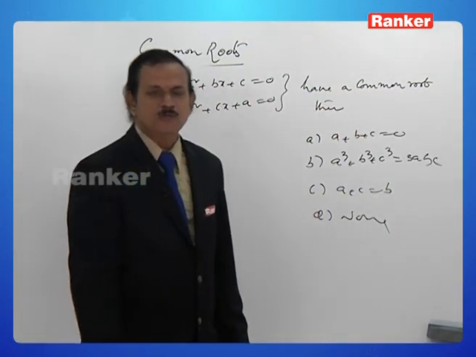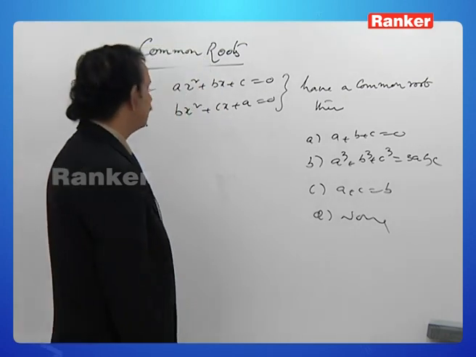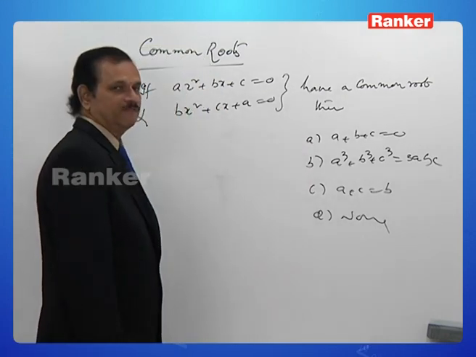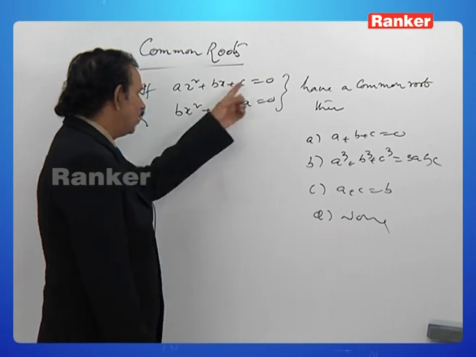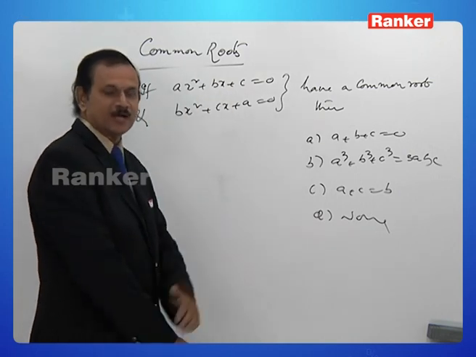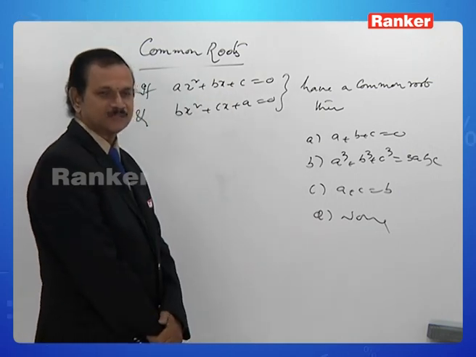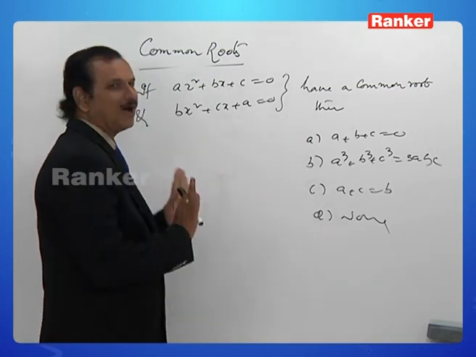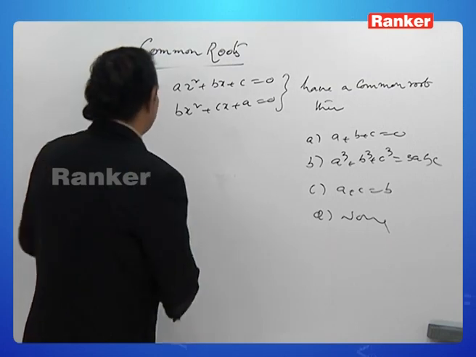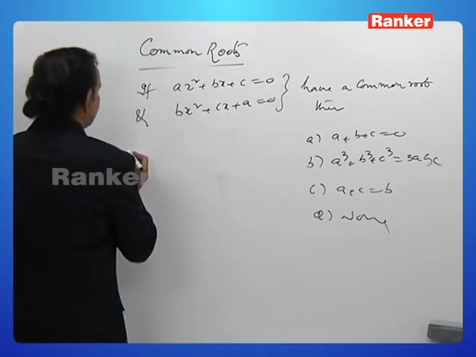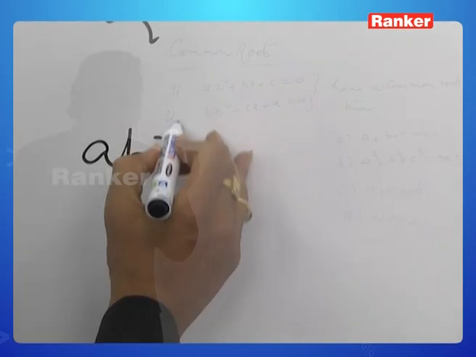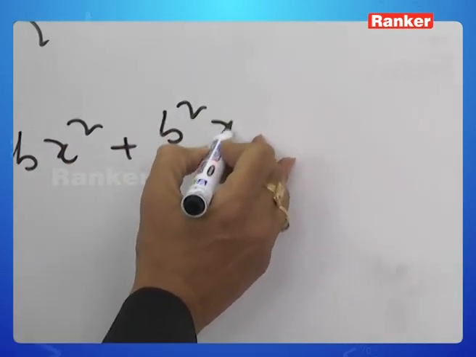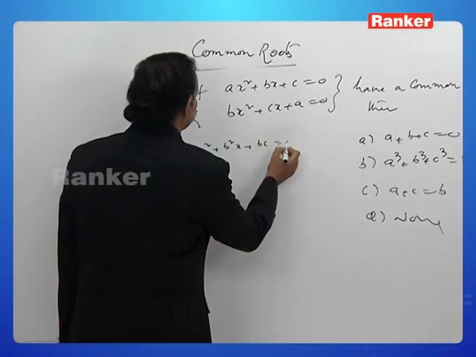How are we able to note it? You see, observe this condition. If a plus b plus c is 0, 1 is a root, 1 is a common root. If 1 is a common root, then this can be correct. True or not? Let us observe. Multiply this equation with b: abx square plus b square x plus bc is equal to 0.